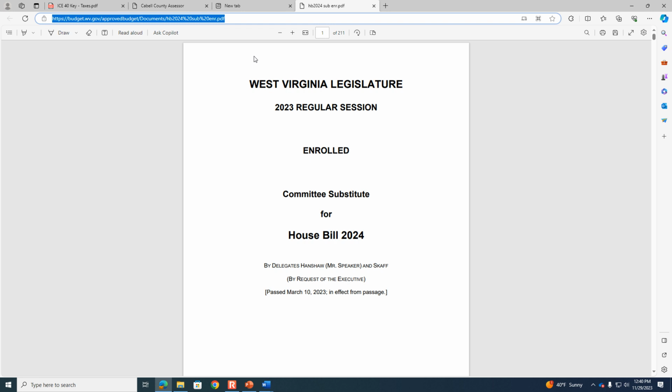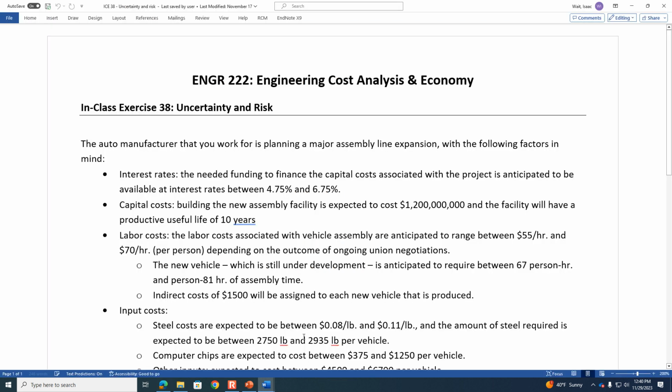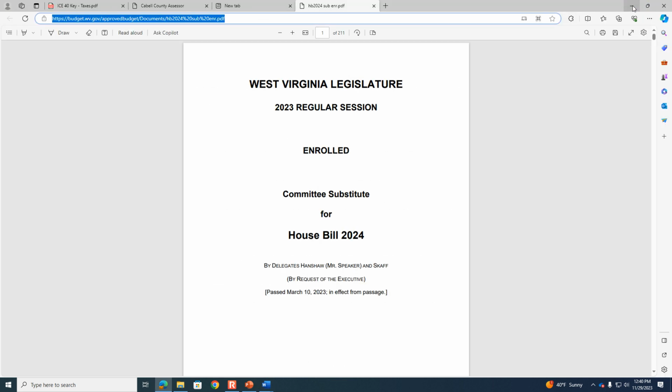Okay, so this first part of the in-class exercise is just saying, obviously our gas tax isn't enough to cover all the cost of the highway department. So what are the other ways that we could provide that? So this is the current budget.